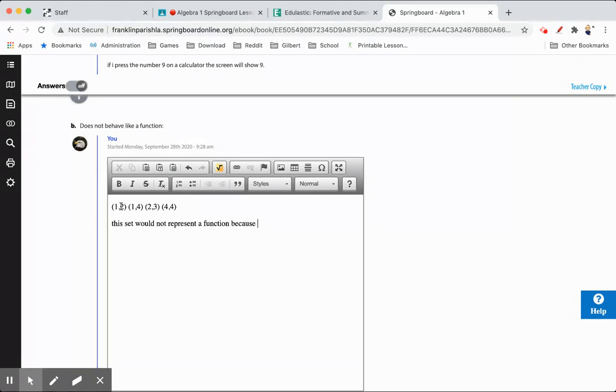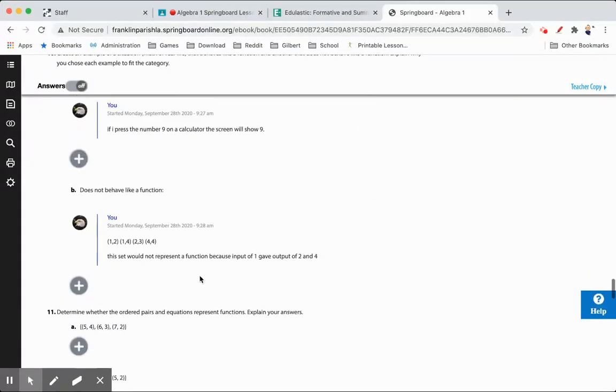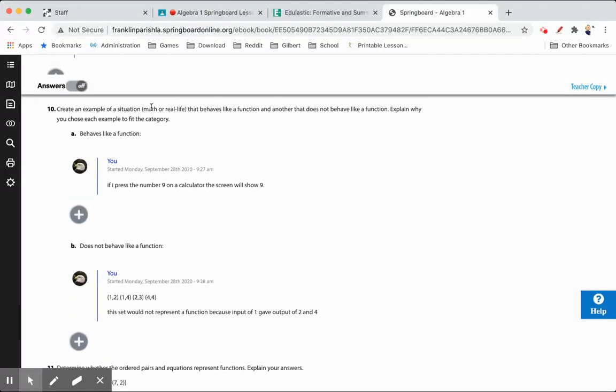Because look, I press 1 and I get 2, but I also press 1 and I got 4. That's not a function because I got 2 different outputs for doing the same thing. Because input of 1 gave output of 2 and 4. That would be not a function, and that would be like the math example.